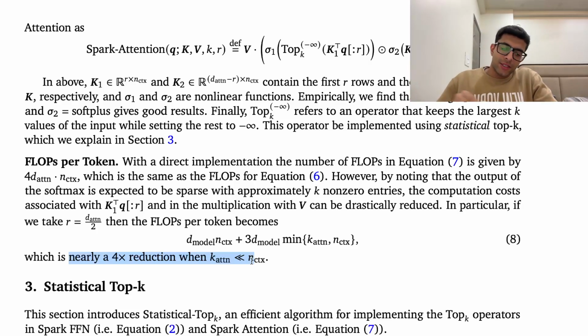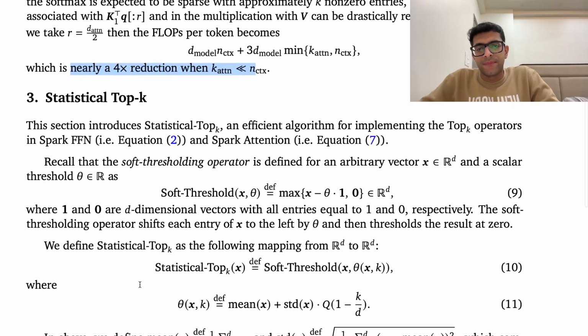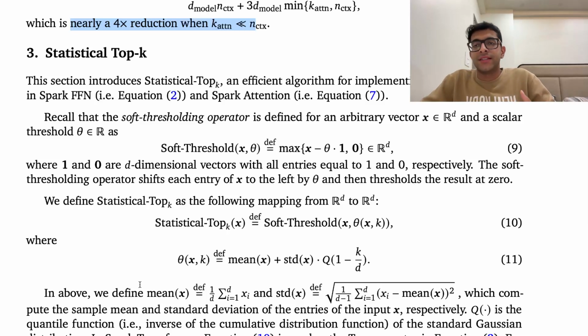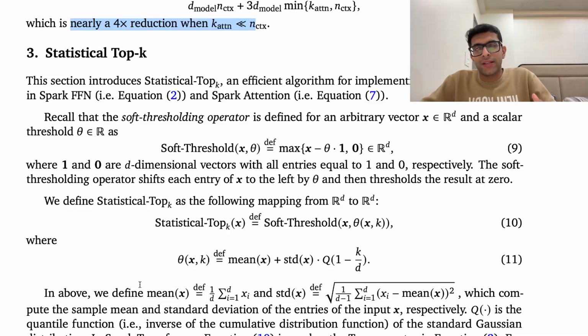Yep. So now let's bring our attention to the statistical top K, the major thing this brings in terms of saving the compute. Just to remind you, top K itself as an operator takes a lot of compute in the sense of huge architectures because it has a complexity of about n log n if I'm not wrong.